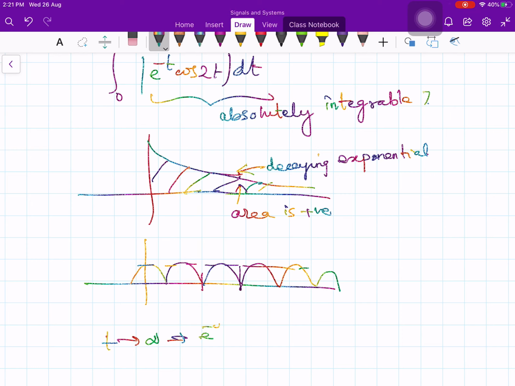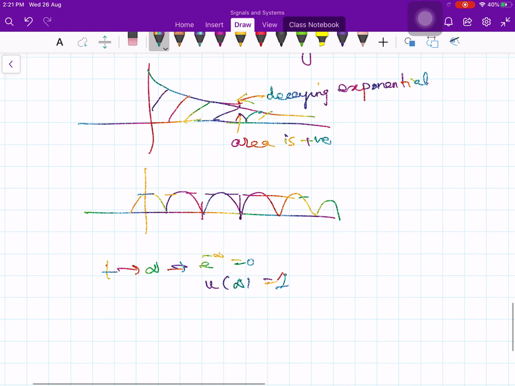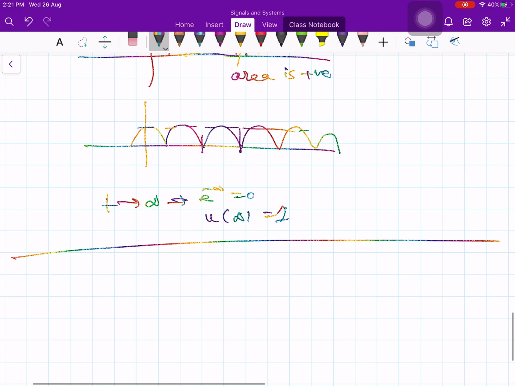So when t tends to infinity, e to the minus t gives bounded output, and u of infinity is equal to 1. So the system always produces bounded output for bounded input signals. So the system is stable. Therefore h2 of t is a stable LTI system.